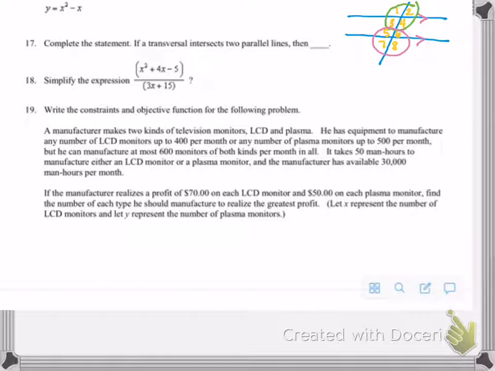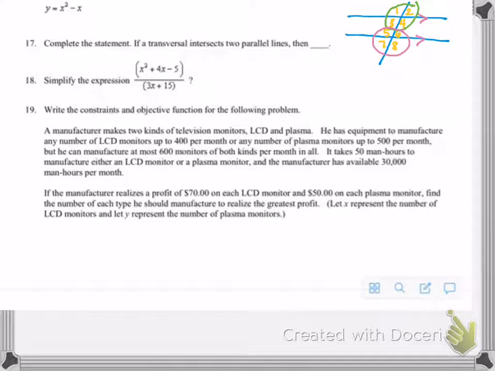Another thing that's true is that 1 and 8 are congruent. Those are called alternate exterior angles because they're on opposite sides of this transversal, but they're also in the exterior of the parallel lines, so not in between them. 2 and 7 are also alternate exterior angles.